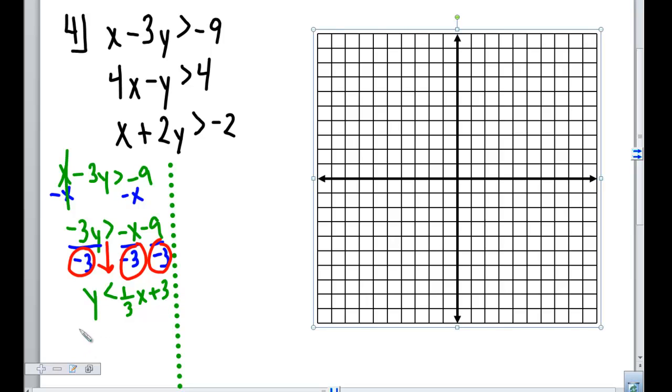This is a shade down. It is dotted. The slope is 1 over 3, and the beginning ordered pair is (0, 3). So start at (0, 3), go up 1 over 3, draw our line that's dotted, and shade below.